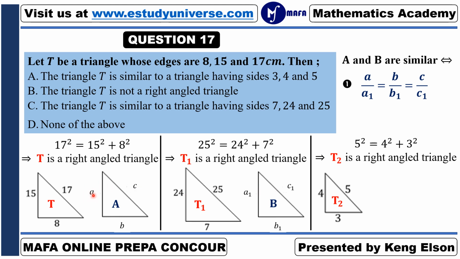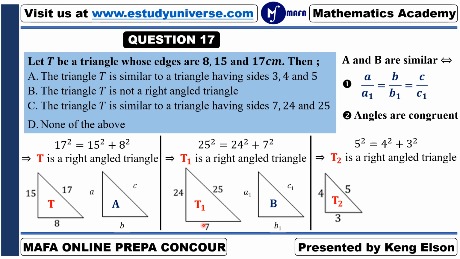So if I take A divided by A1, those are corresponding side lengths, it should be the same as B divided by B1, and the same as C divided by C1. The second condition is that the angles in those triangles must be congruent, meaning they must be equal. But to actually solve this question, we are going to dwell on the first case, meaning we do the ratio between the corresponding sides and we verify if they are constant, or if they are the same.